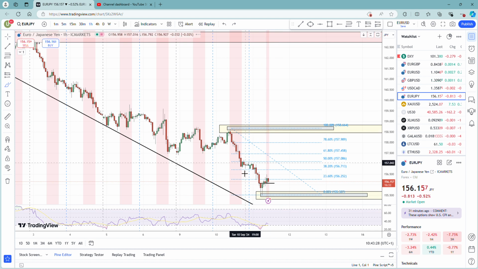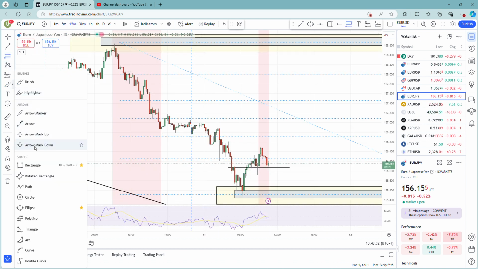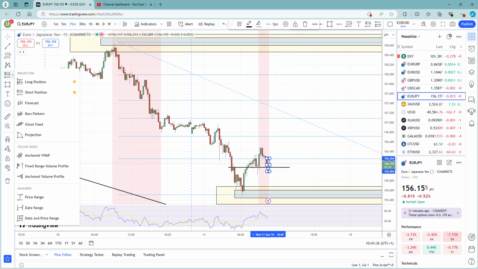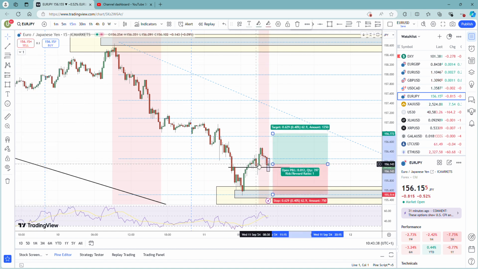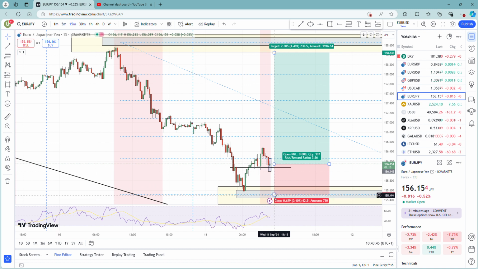So I'm actually going to enter a buy trade right now. I feel as though this is a good entry. It's tested it twice, double bottom on an M15 time frame, and I'm going to go for it.